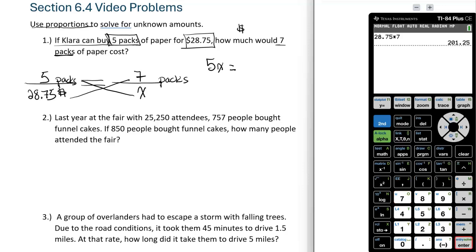That gives me 200.25. I'm going to put that unit in there because I don't want to forget it. Often I'll do that with dollar signs because dollar signs look like dollar signs, but some variables can look like numbers, or there can be a bunch of different variables, and so I usually leave letter units out until the end.